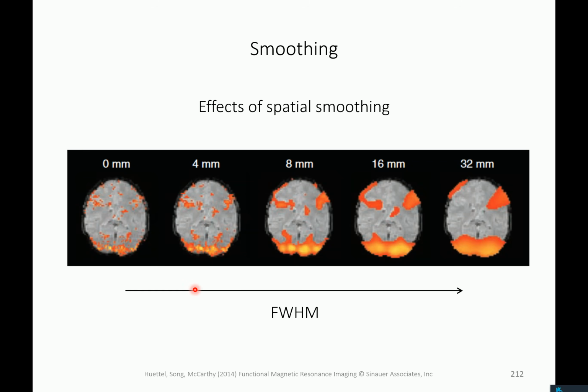So the problem is, yeah. Blurring the data? Is it blurring the data? It's blurring the data. It's like you put a Gaussian blur filter on in Photoshop. Just the same thing.